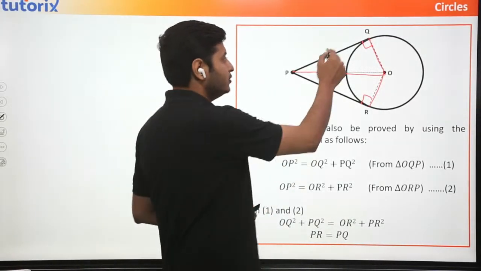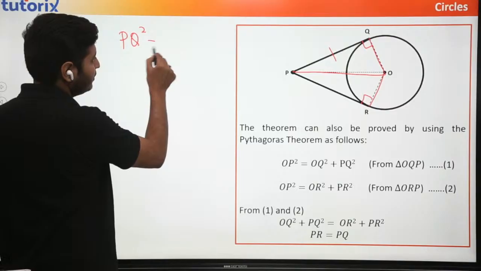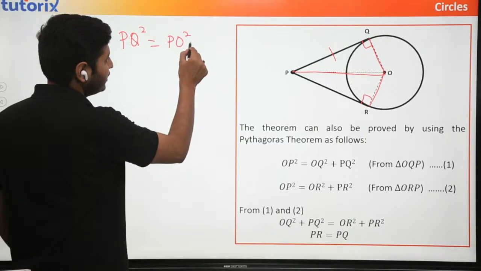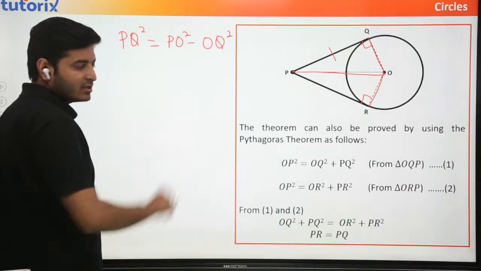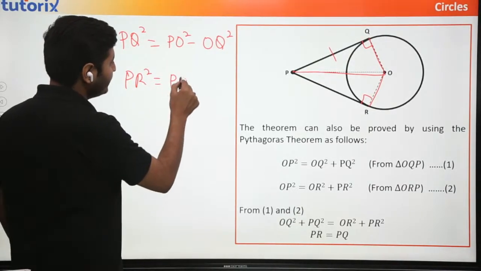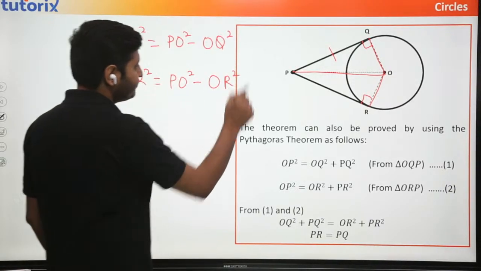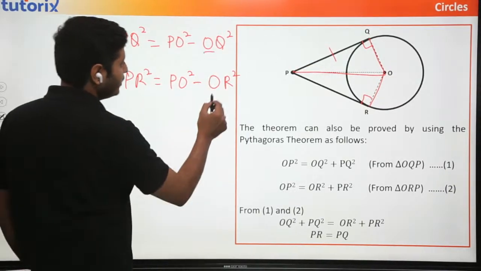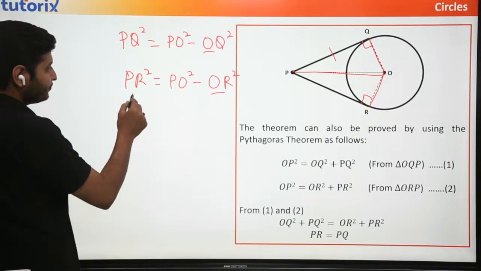How to find the length of PQ? PQ square will be PO square minus OQ square. Same goes for PR. PR square will be PO square minus OR square. But we know that OQ and OR are equal, so we can replace the value.